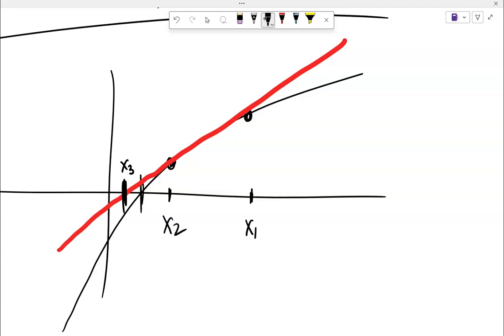And instead of using x1 and x2, we'll take x3, plug it into the function, and calculate your line from x2 to x3. Do it again. This will be your x4. And then plug that into the function, go from x3 to x4, and just keep doing that each time. So when we calculate x3, we technically are replacing x1 with x3. When we go to x4, we'll replace x2 with x4, and so on up the line.